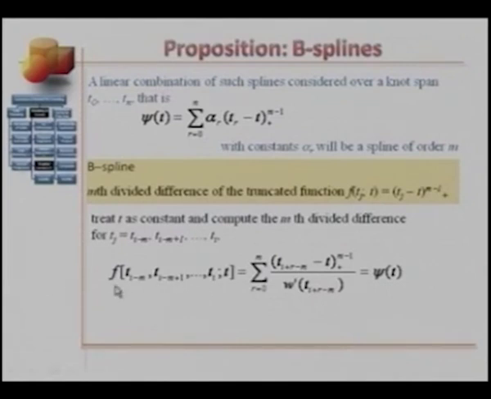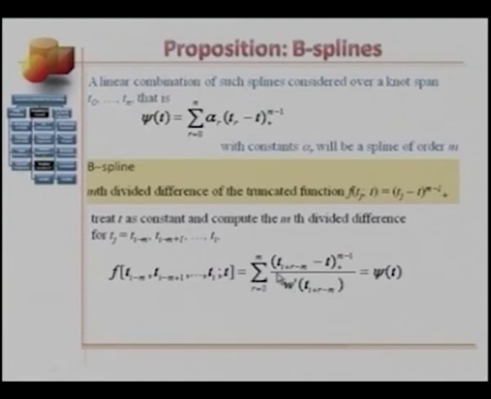This expression is the mth divided difference of the truncated power function. You would have noticed that by now. This expression in the middle here is the algebraic form of the mth divided difference. You must be conversant with this expression also by now.